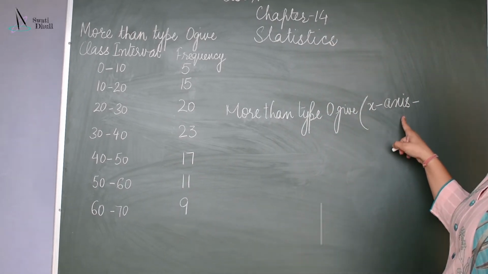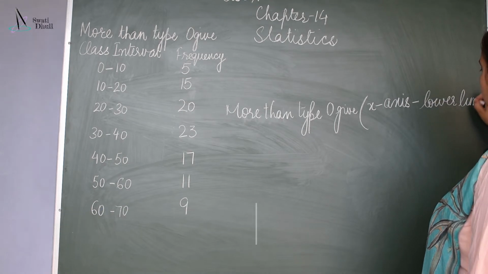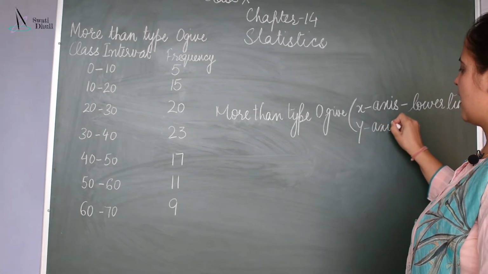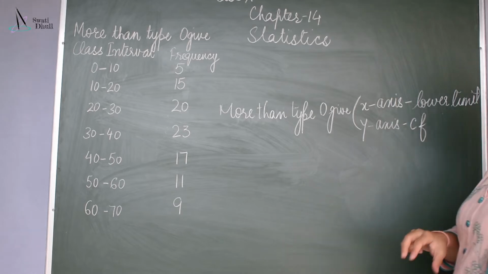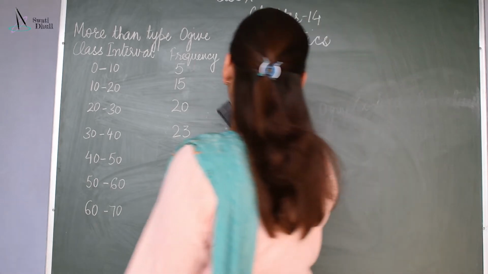On x-axis, you must have the lower limit of the class interval, and on y-axis you must have the cumulative frequency, that is CF. So for this, first we need to find out the CF.